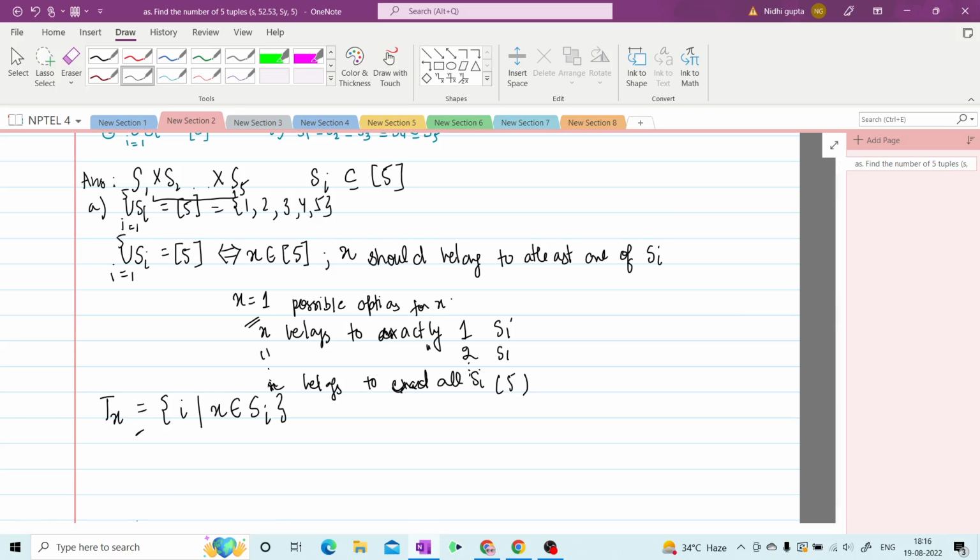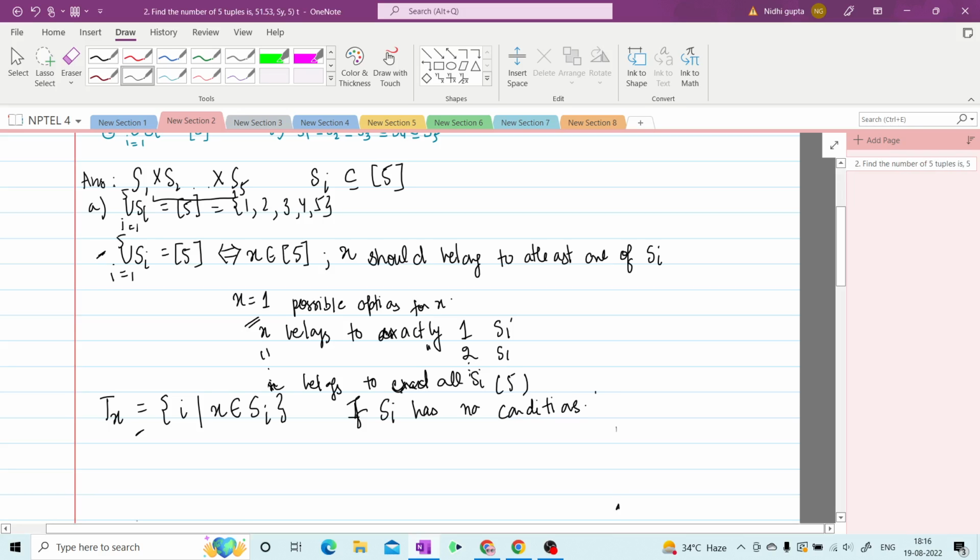First of all, if Si has no restrictions, that is, we don't have the condition that the union of Si, i going from 1 to 5, is [5], then what are the possibilities of Tx?